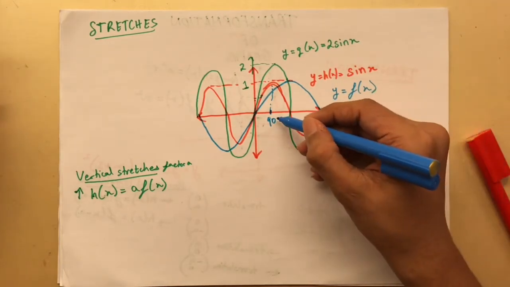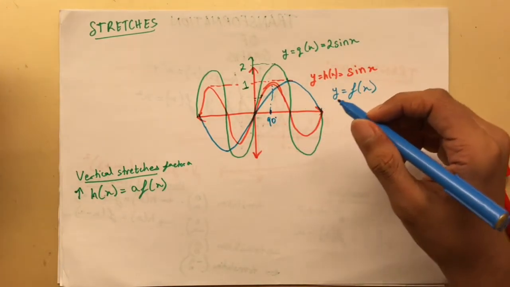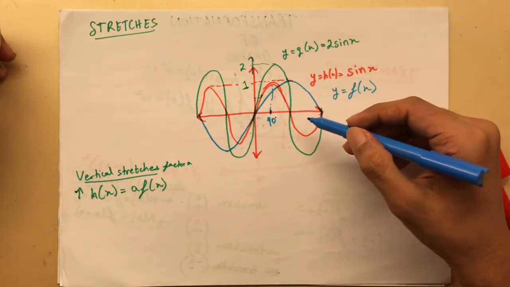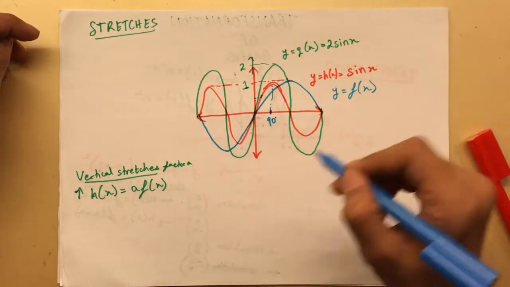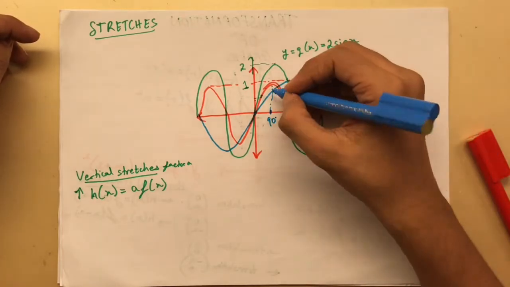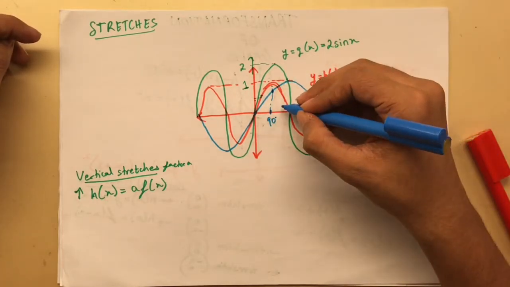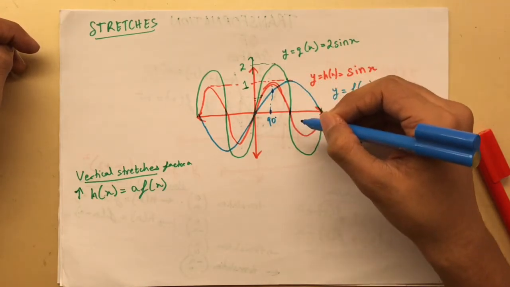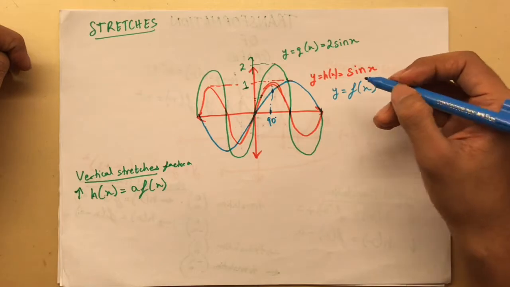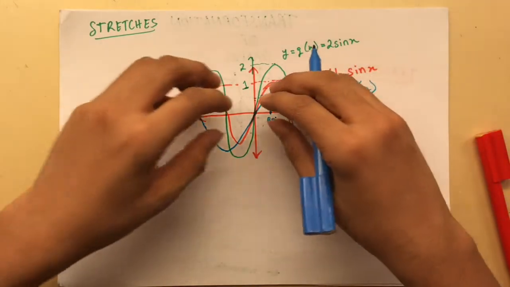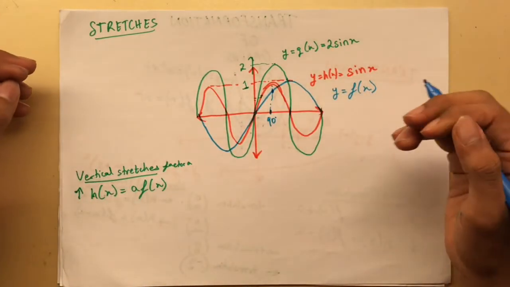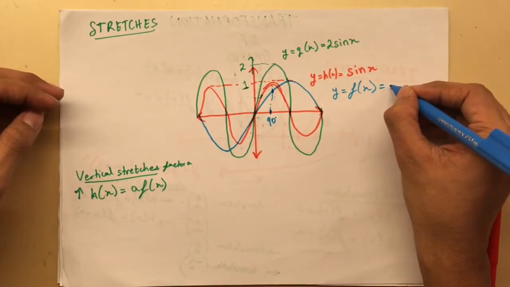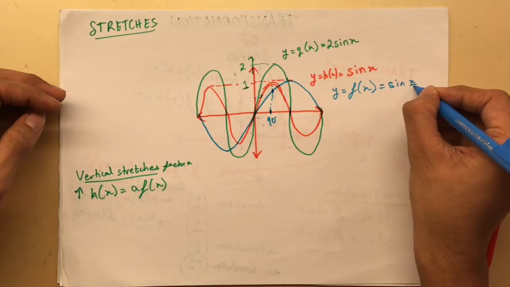Now while inputting it into this blue function, I inputted 90 degrees, but then I halved it. So I would get something like 45, which would be lesser than 1. And only when I inputted 180 degrees would the half of it be 90. So if you notice, when I halve it, it seems to stretch out by a factor of 2, right? So this should be equal to sine x upon 2.